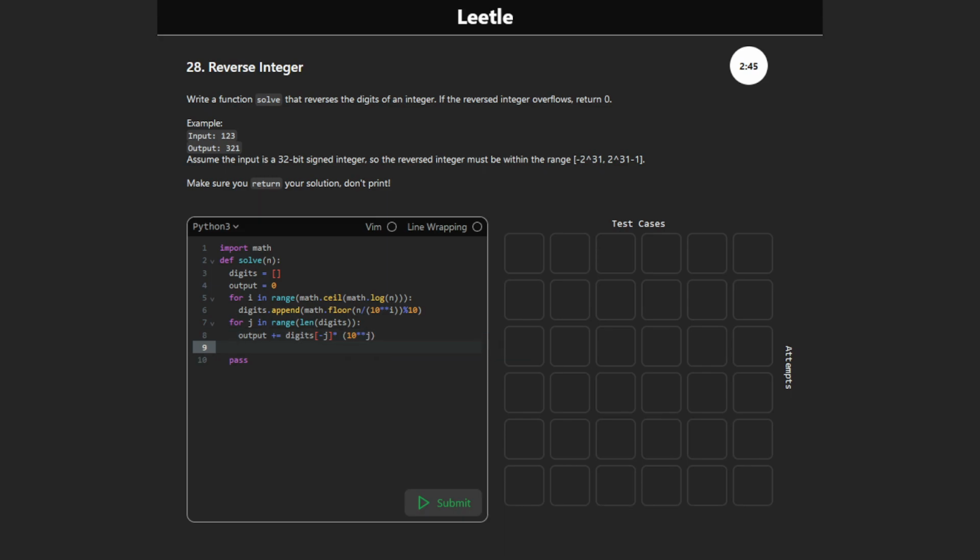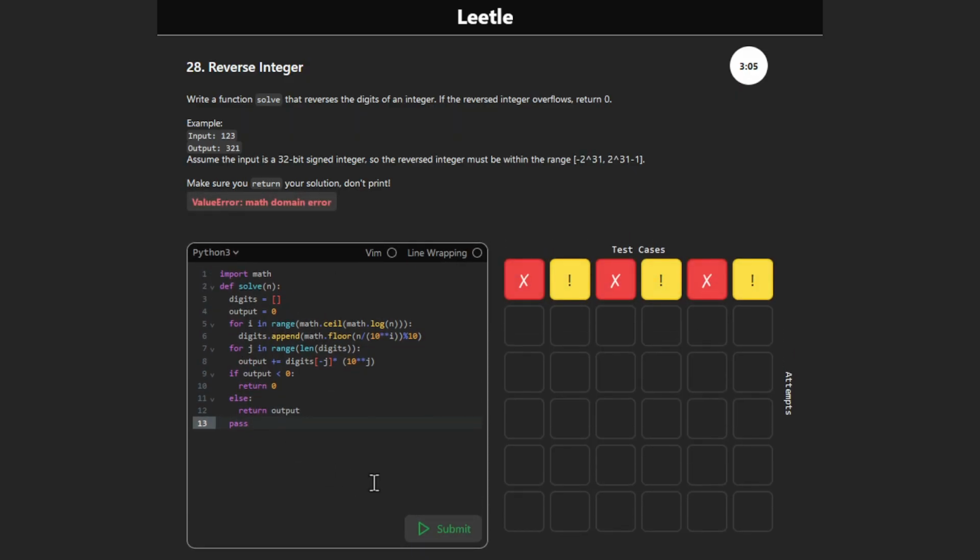And then if output is less than 0, then return 0, else return output. That should be correct.